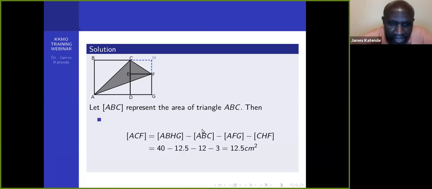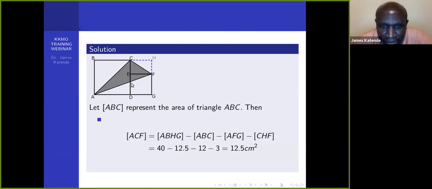So this will mean the area of that region. So with that notation, we can check the following. So this ACF is what we are looking for. To obtain it, we need to take the area of the larger rectangle, right? Then we need to subtract the area of ABC, which is easy to work out. We also need to subtract the area of AFG, and finally the area of CHF.